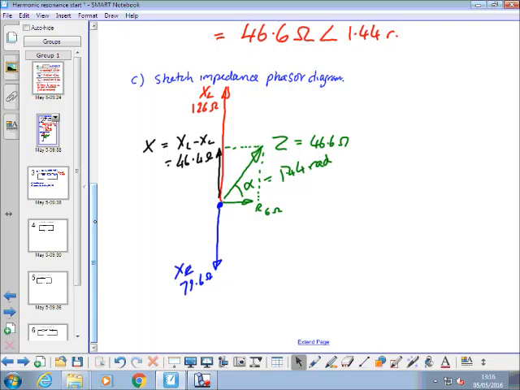Remembering that if we change the frequency in that circuit, the length of the red and blue lines are going to change, and it's going to change everything, because X can move up and down, go below the line. Tony, if that's the resultant, Z, should that not be more than the X total?